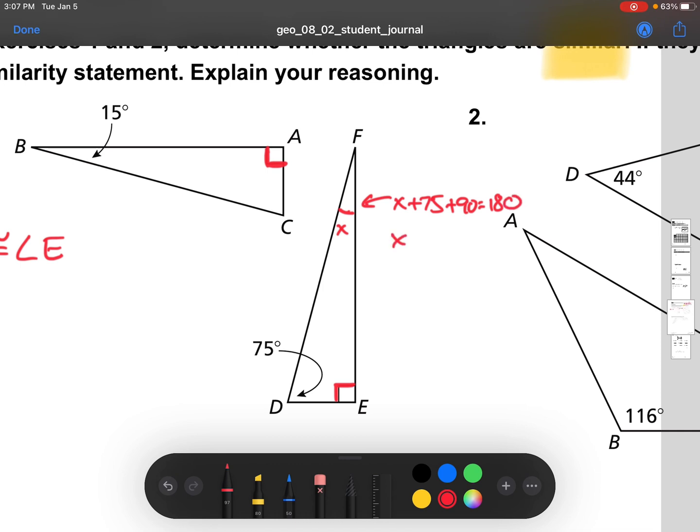So that's x plus 165 equals 180. If we subtract 165 from both sides, we end up with 15. So that angle there is 15 degrees.